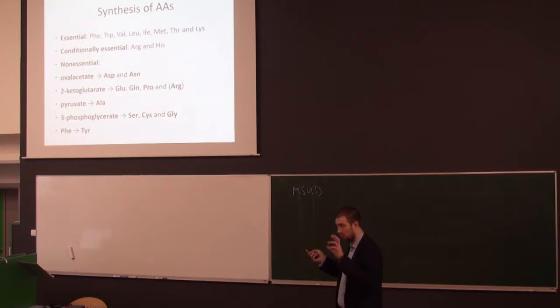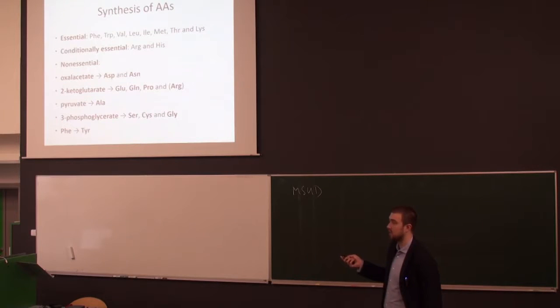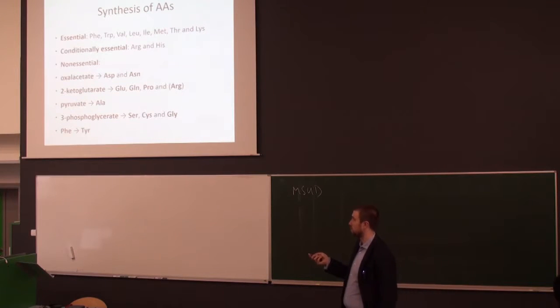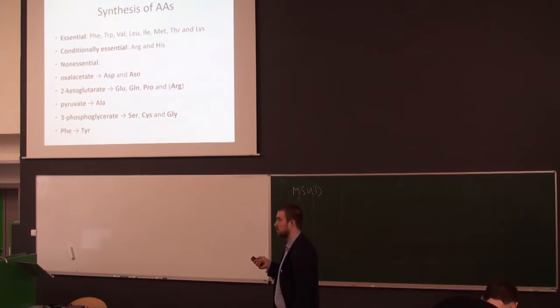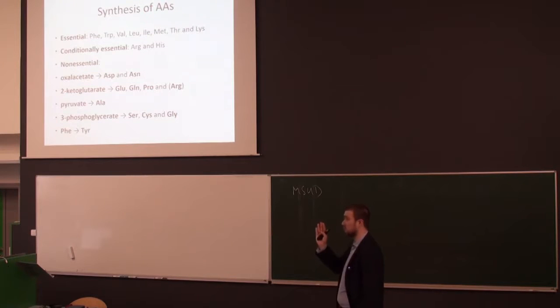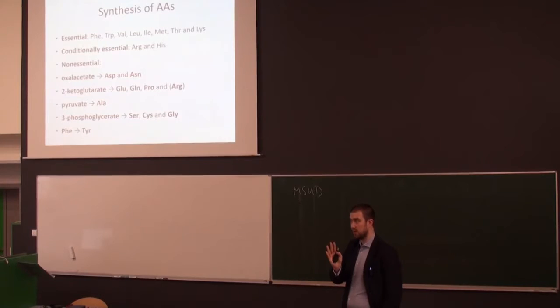New thing is that you should know that proline is produced from alpha-ketoglutarate, and then those three small amino acids, that means serine, cysteine, and glycine, are produced from an intermediate of glycolysis, from 3-phosphoglycerate. As you know, in glycolysis you had 1,3-bisphosphoglycerate that was converted to 3-phosphoglycerate, and then you have 2-phosphoglycerate.